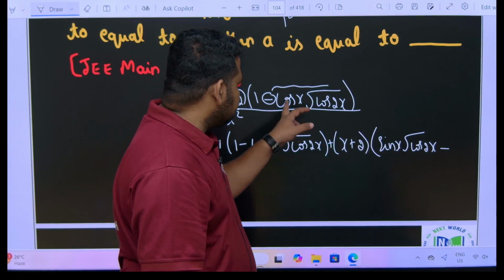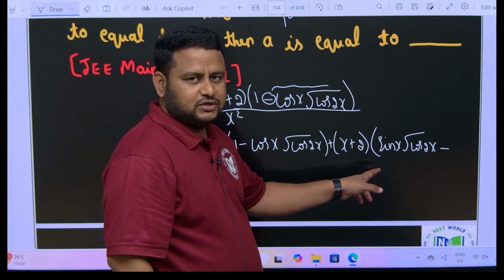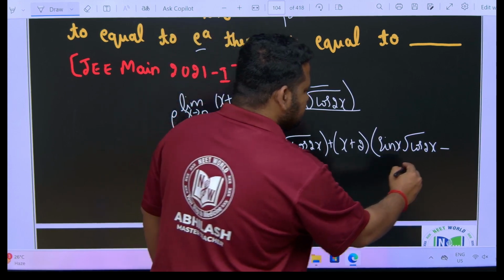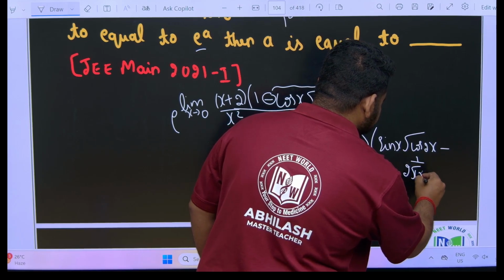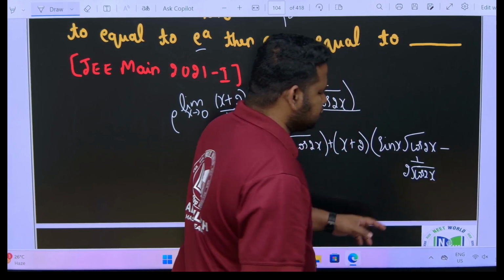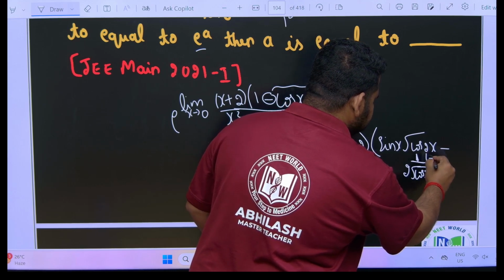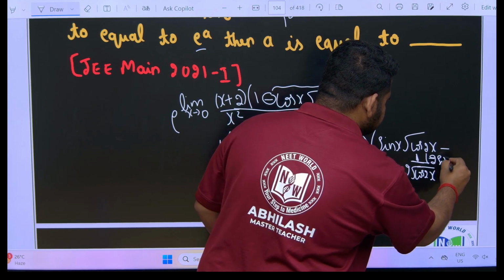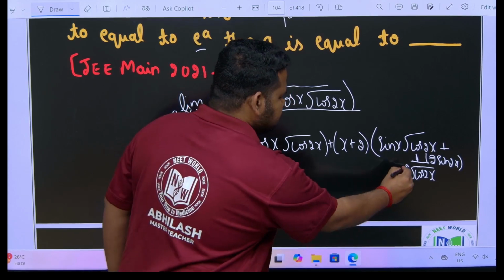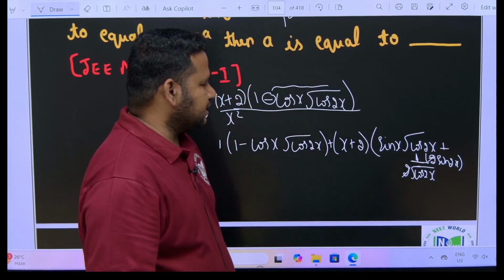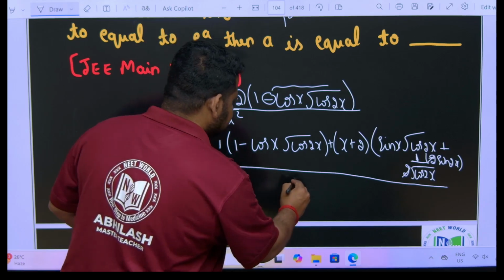So you keep cos x as it is, the derivative of root cos 2x is 1 by 2 root cos 2x, and the derivative of cos 2x is minus 2 sin 2x. Minus, I'll send it outside, this will become plus. These 2 and these 2 will cancel. And the denominator, the derivative of x square, will become 2x.